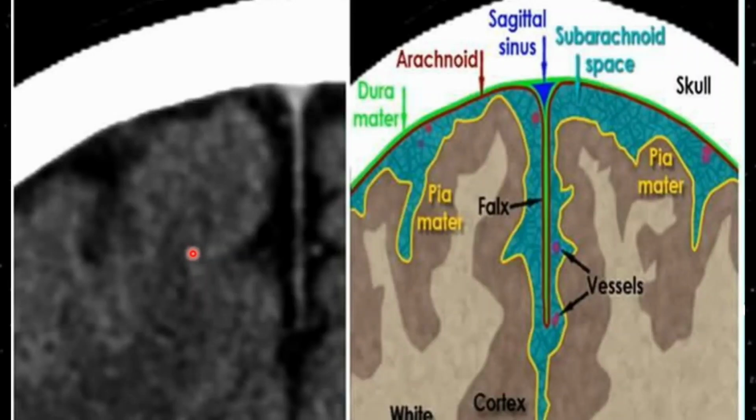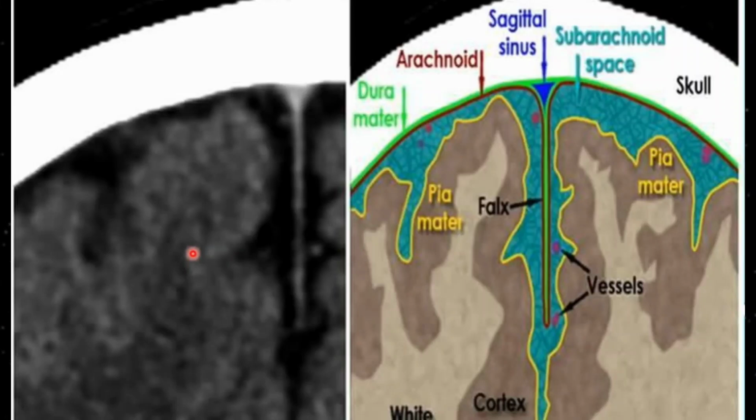However, you can see the arachnoid mater, which is the outer coat, and in between the arachnoid mater and the pia mater there is a space which is called the subarachnoid space, and this subarachnoid space is particularly for the CSF. So this blue area, the blue color, is denoting the CSF.